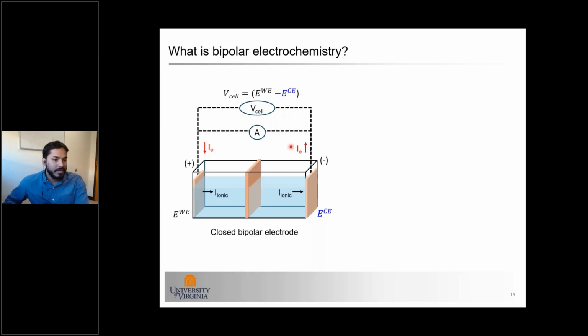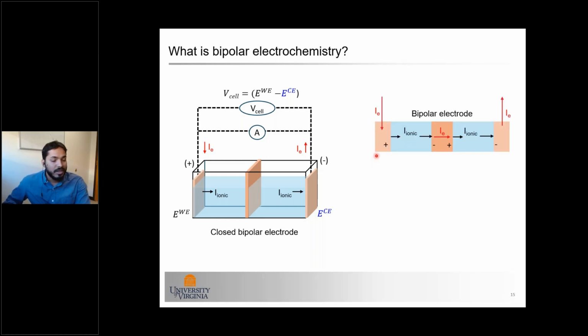But what is going to happen if we put a metal plate in between, which is not electrically connected to the circuit, but it separates the cell into 2 different cells? And will the electrochemistry go smoothly with this?